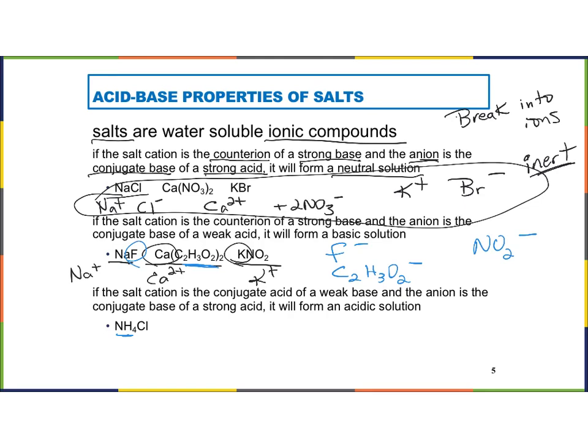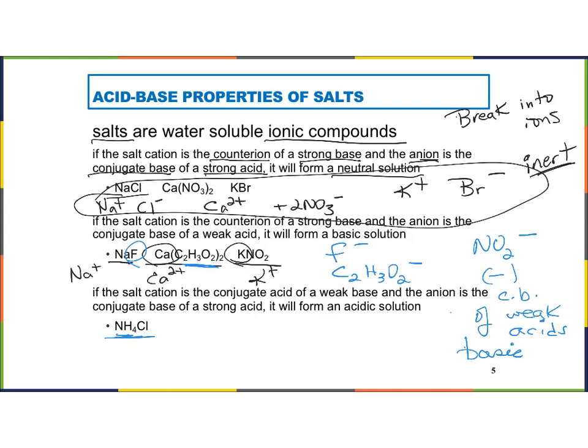So we've got to ask ourselves, are these acids or bases? Well, we know they're negative, and so if they're negative, they're going to be bases. They're going to be the conjugate bases of weak acids. If they're the conjugate bases of weak acids, the solutions are going to be basic, and we're going to have to figure out how to calculate their pHs.